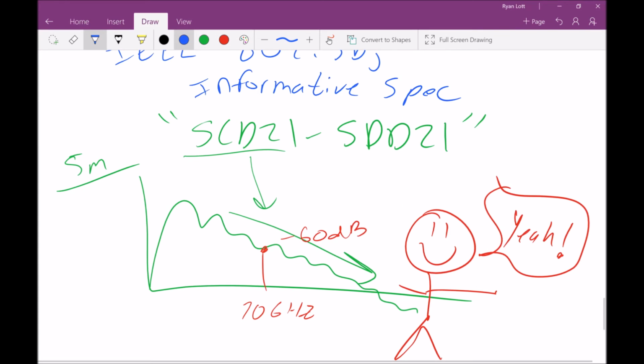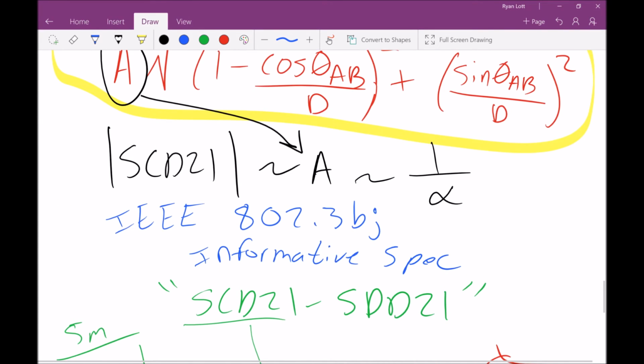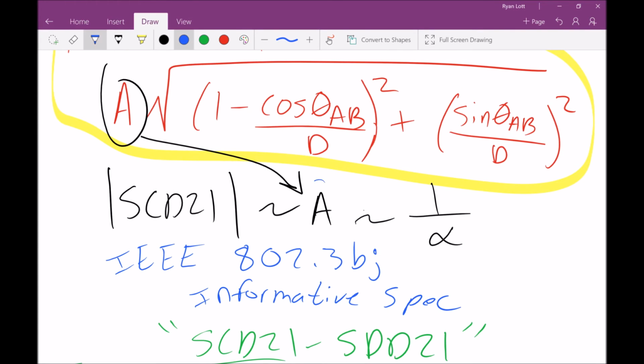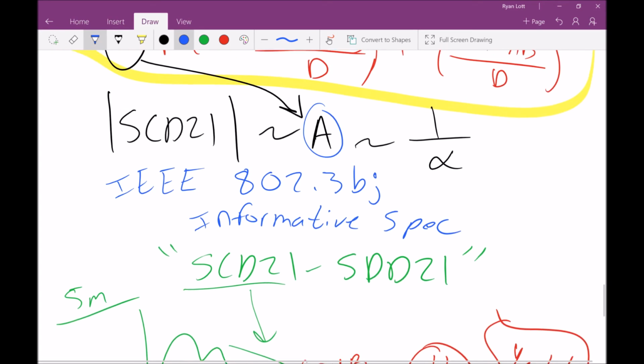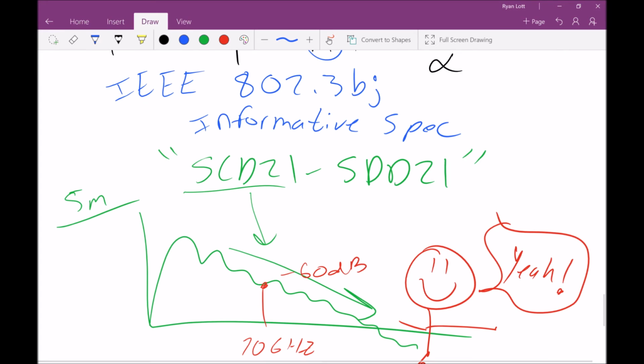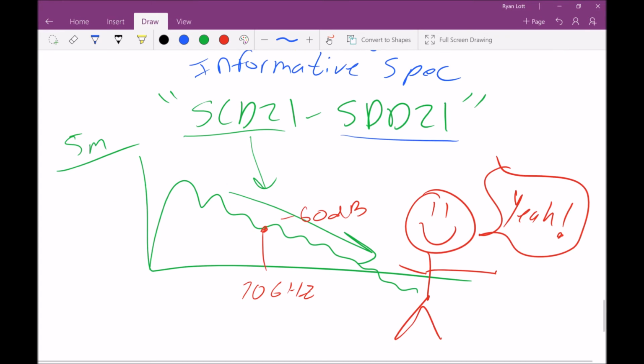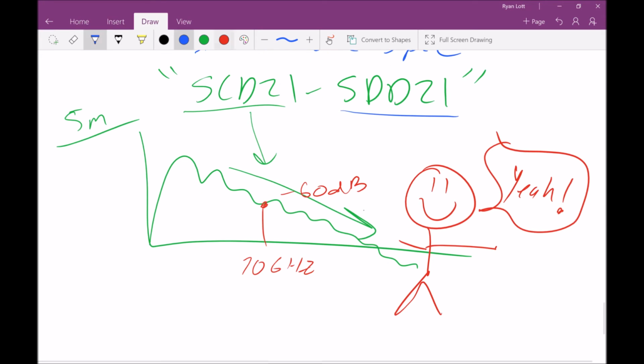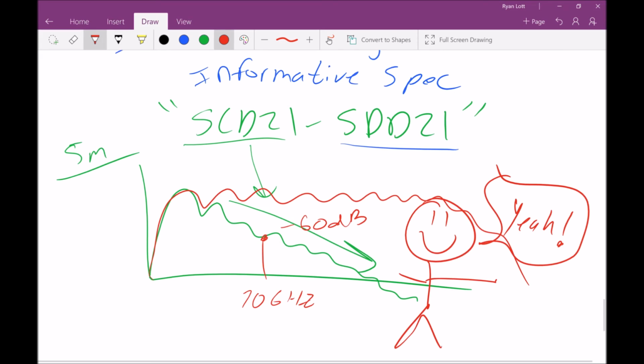But if you take into account that the loss has a factor in your mode conversion, and you divide or subtract in a dB environment, aka subtract SCD21, which by the way represents the loss of your channel in the best way possible, considering that your reflections are low and a lot of other things are taken care of, your mode conversion can now look more uniform, which is a great thing.